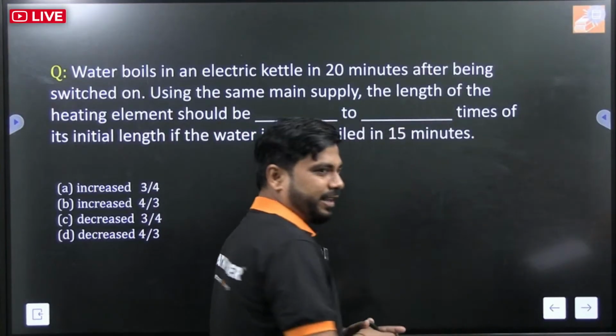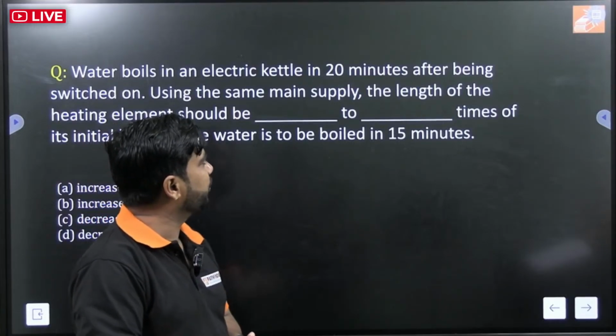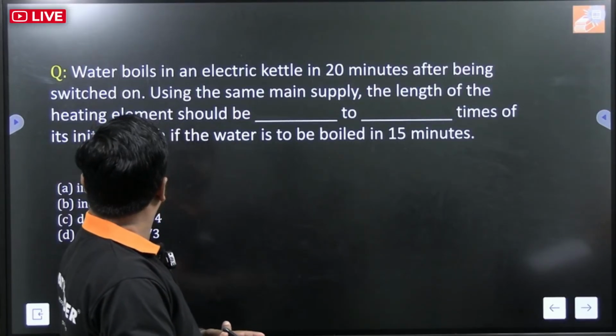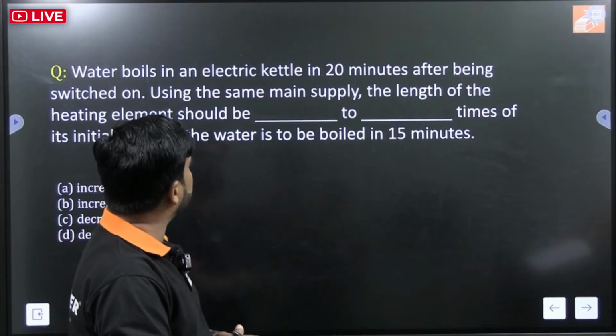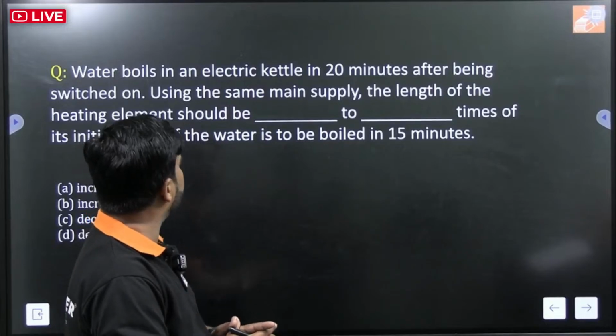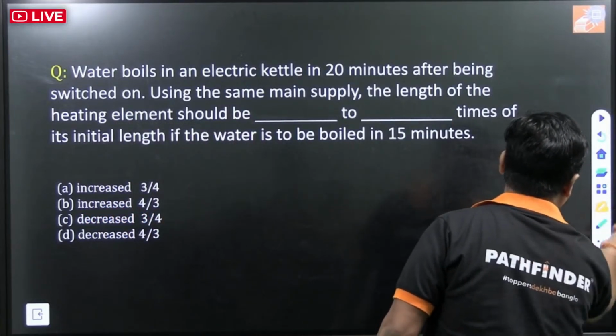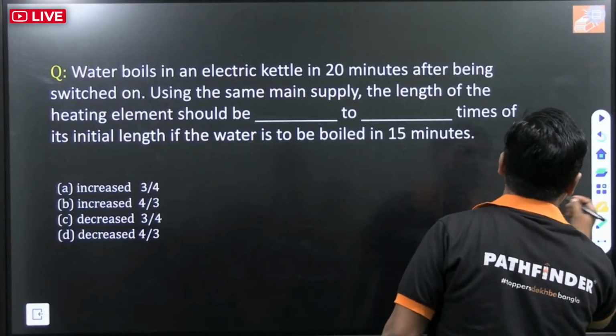Now the first question is: water boils in an electric kettle in 20 minutes after being switched on using the same main supply. The length of the heating element should be... Here, this is being asked in JEE Main 2024.